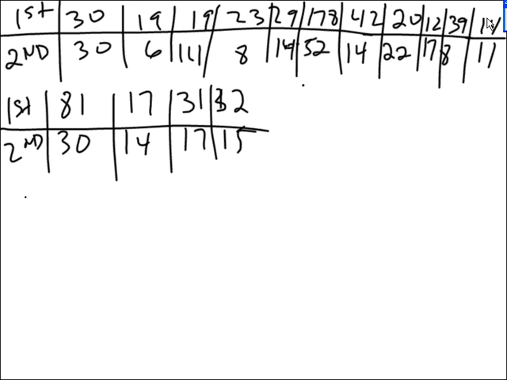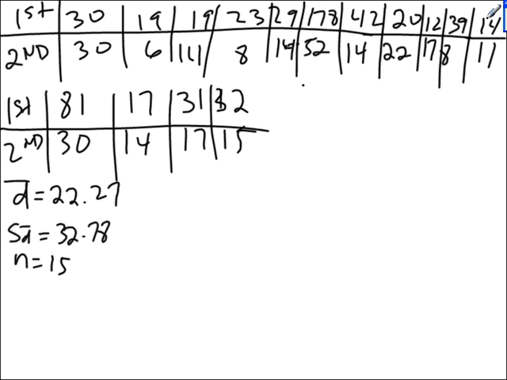Now, it turns out that D bar is 22.27, and the standard deviation of the D's is 32.78, and like I said, n is 15. If you wanted to calculate this, how would you do it?